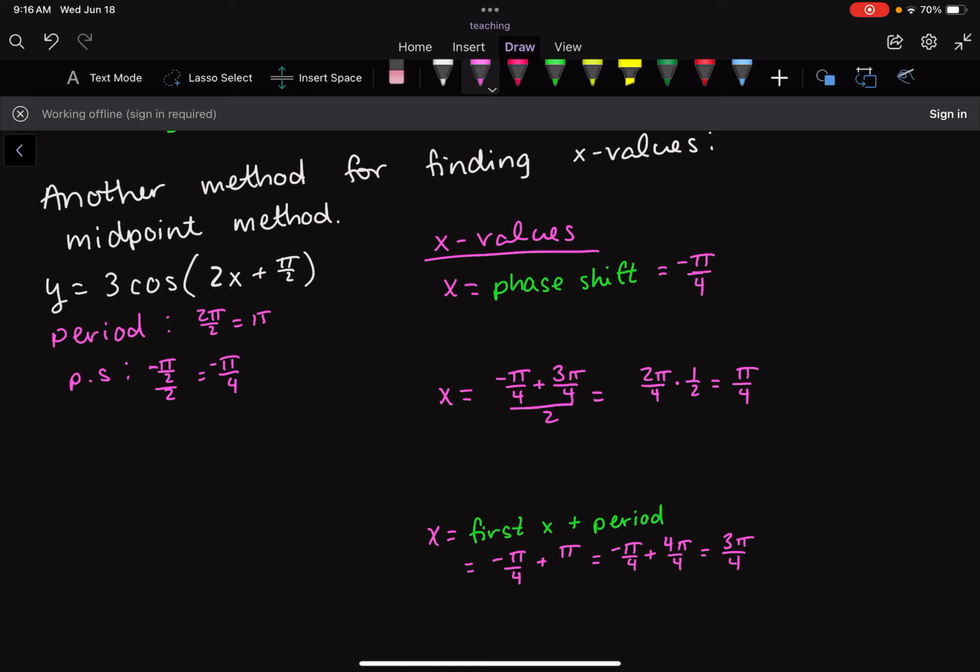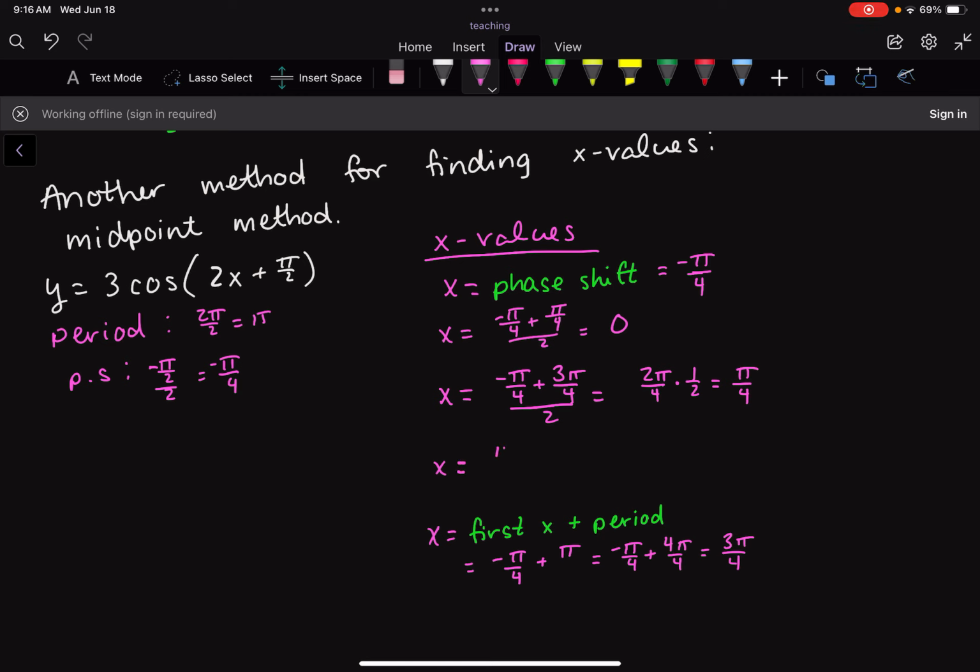Then you take the middle of your first and your third one to get your second. So I would do negative pi over 4 plus pi over 4 divide by 2. That's going to give me 0. And then to get my fourth one, you do the middle of your third and your fifth.